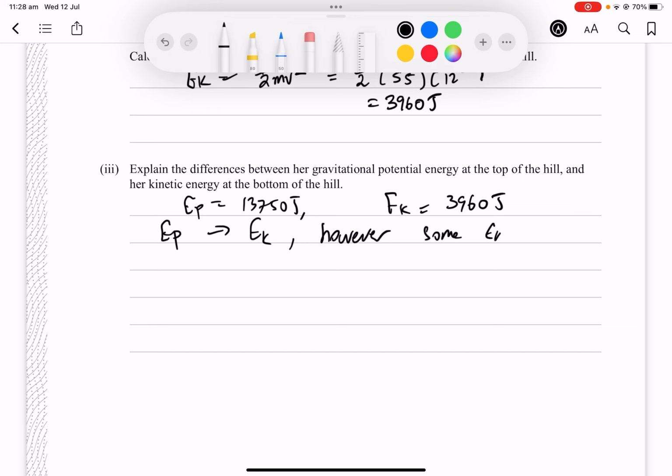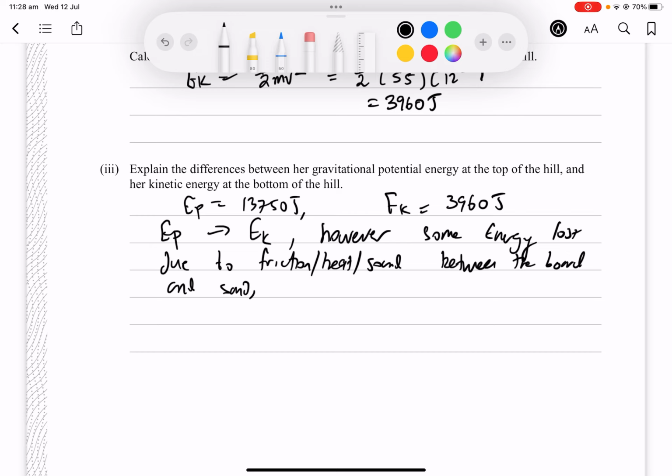Some energy is lost due to friction, heat, and sound between the board and the sand, and Ariana and the air particles, perhaps. Which is why the EK at the bottom of the hill is less than the EP at the top.